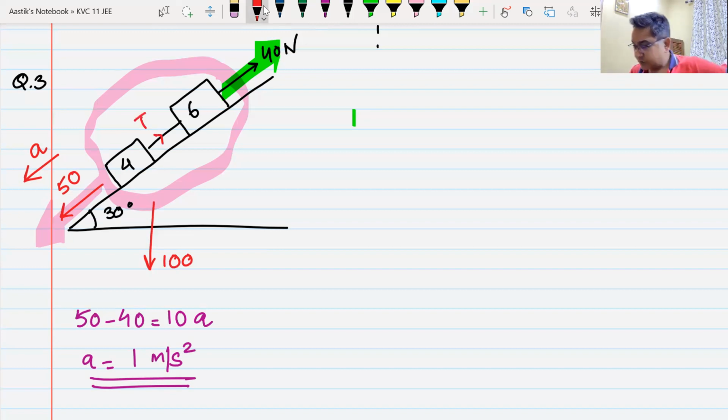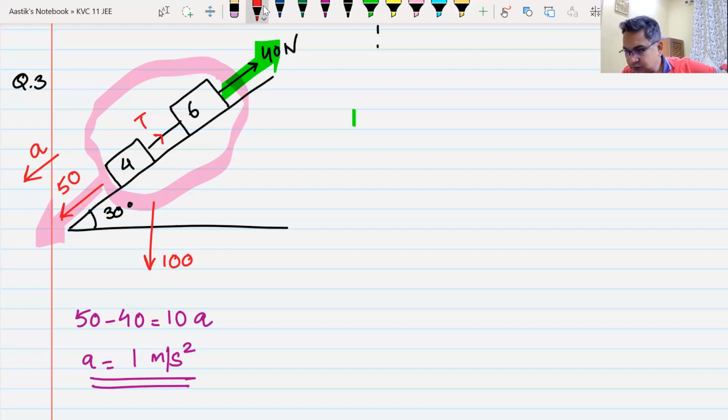T. If I would have asked you what is the tension in the string, can you now tell me the answer for tension in the string connecting the block 4 and 6? How are you going to do this? Anyone? Any idea?